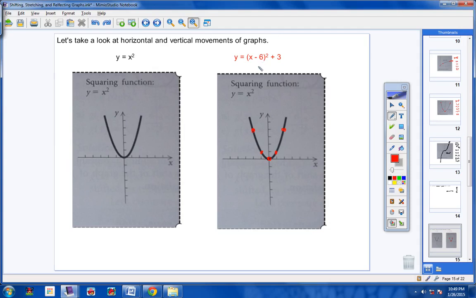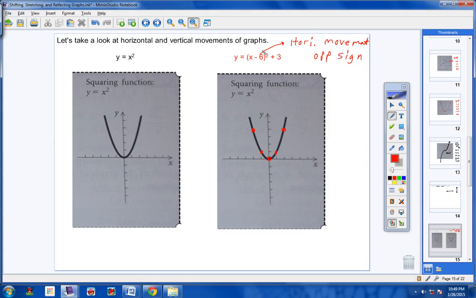So whenever a number is added or subtracted directly to the x, please take some really good notes on this, guys, that is a horizontal movement. Please write that down. That is a horizontal movement. And you always move it the opposite of the sign. Please make note of that, okay?